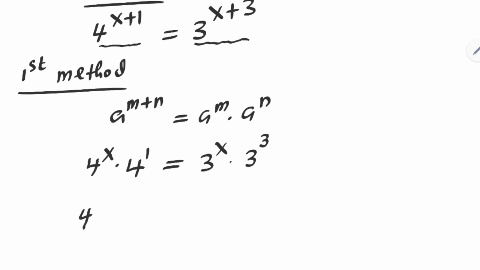This is 4 raised to power x multiplied by 4 raised to power 1, which is 4, is equal to 3 raised to power x multiplied by 3 raised to power 3.